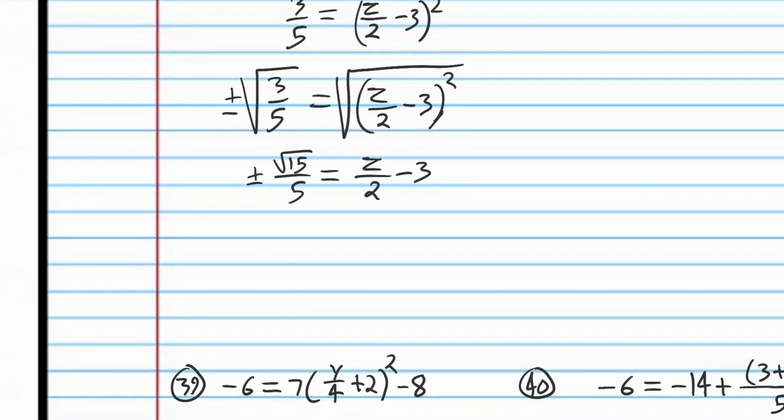This is not going to be pleasant for us, trust me. Well, I shouldn't scare you. We should just do it. It's not going to be that bad. So add 3 to both sides. Yeah, this is not going to be that bad.